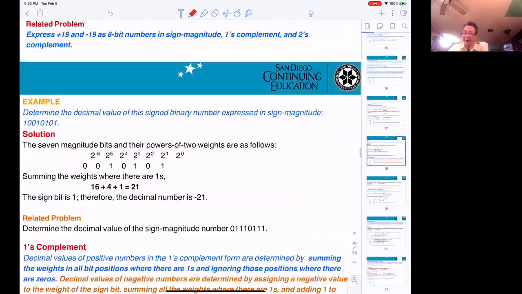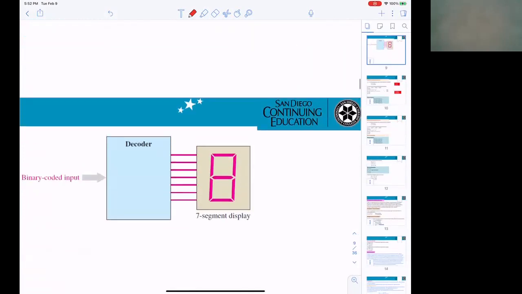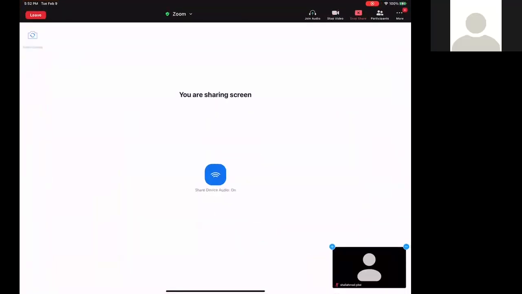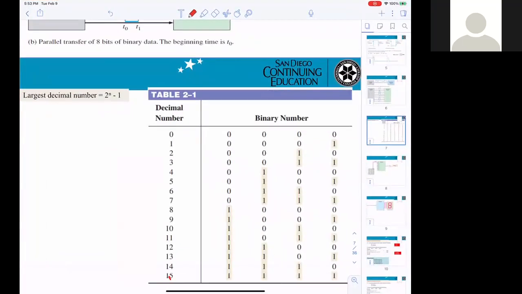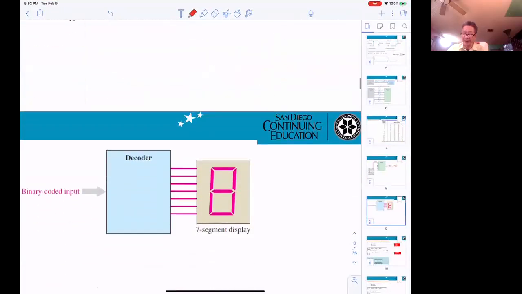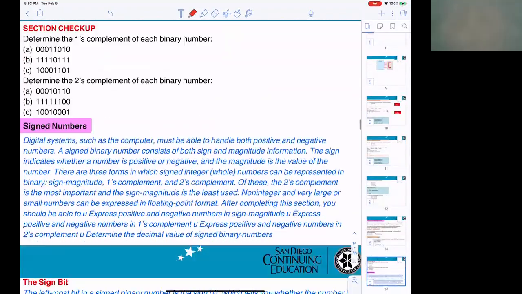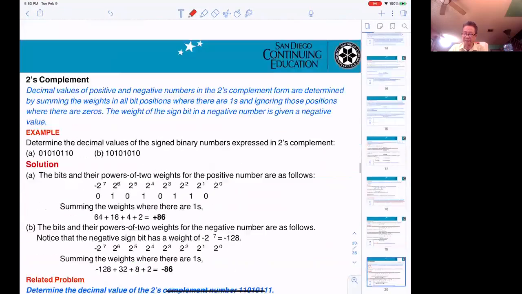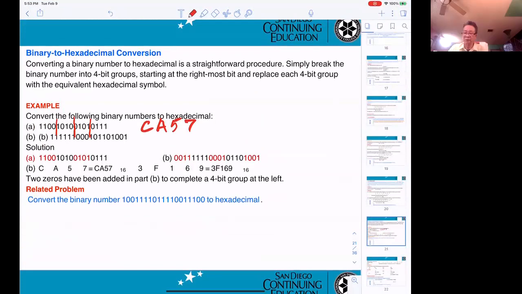We have a table in here somewhere. 1010 is A. Okay, we don't have that table right now. But the answer is CA57. Exactly. Yes. Good job. You get an A. Thank you. CA57. That's right.